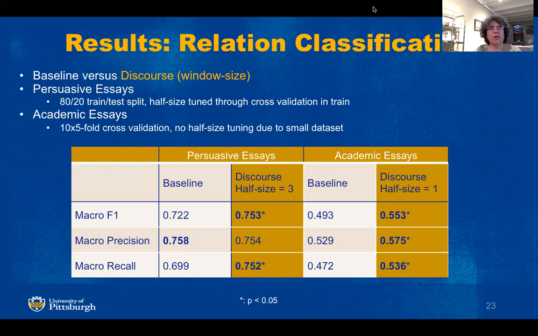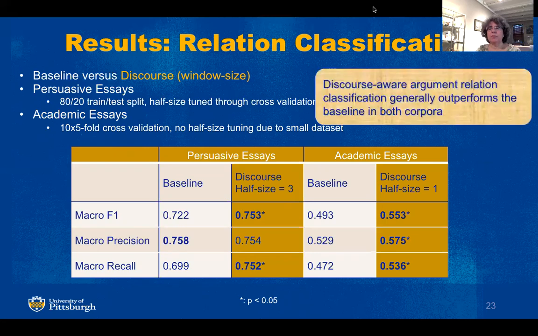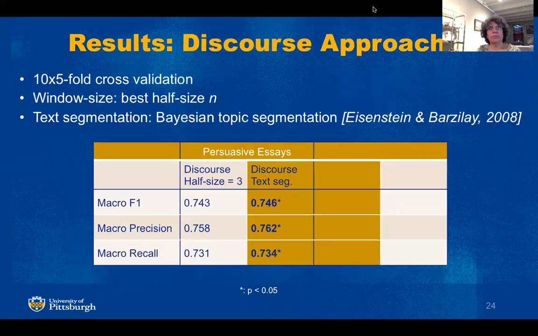For the academic essays, we use a cross-validation paradigm because the data set is smaller. And we also, in this experiment, use just the smallest discourse window for simplicity. And here we see even stronger results, that in all three cases, the discourse enhanced algorithm outperforms the baseline algorithm. The next question we were interested in was, of the two discourse approaches, did one outperform the other consistently?